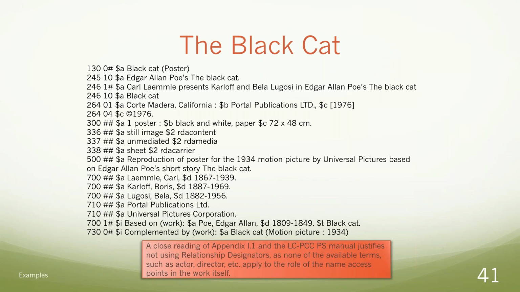And then at the bottom here, we've got some 700 fields for the actors that are actually appearing in that particular poster. But when we look at Appendix I of RDA, which provides us with terms that identify the relationship between an agent and the resource that's being described, such as author or actor or that type of thing, there are no terms that will work to identify the relationship between, say, Boris Karloff and his image in that poster.